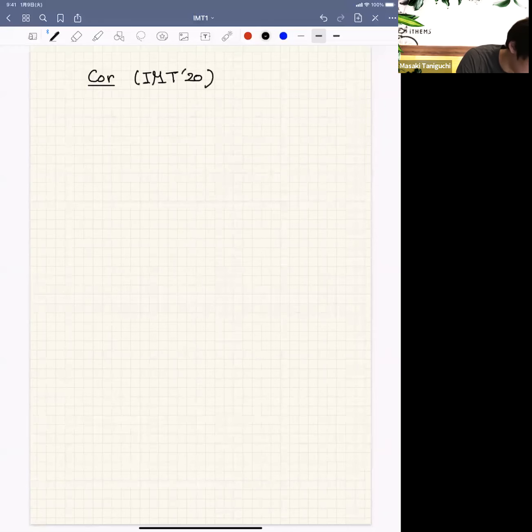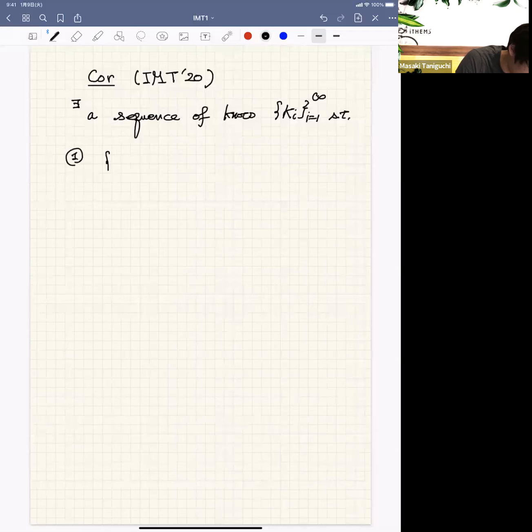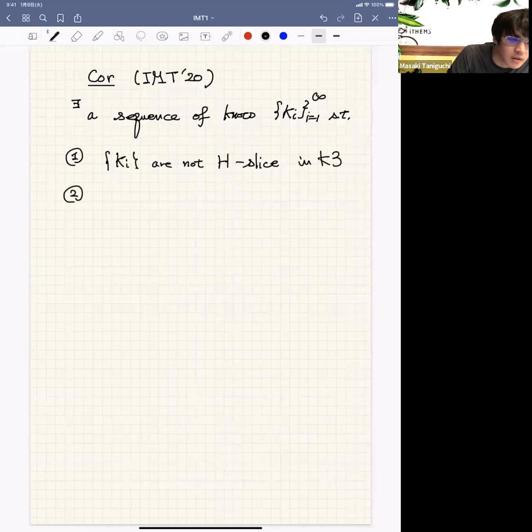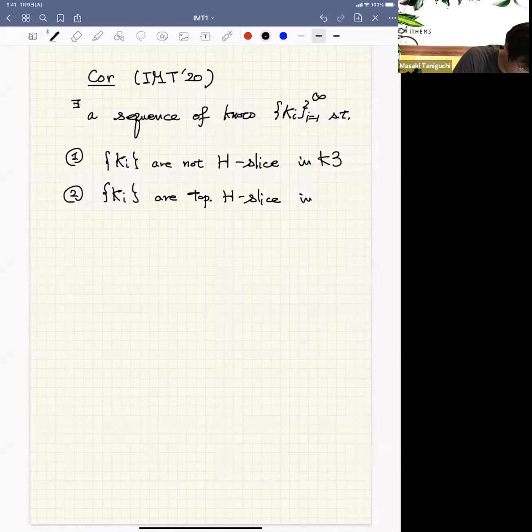One can prove the following result. There exists a sequence of knots K_i such that: K_i is not H-slice in the K3 surface, but K_i is topologically H-slice in K3. Also, K_i is slice in K3.